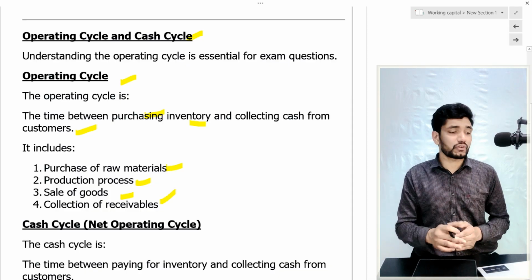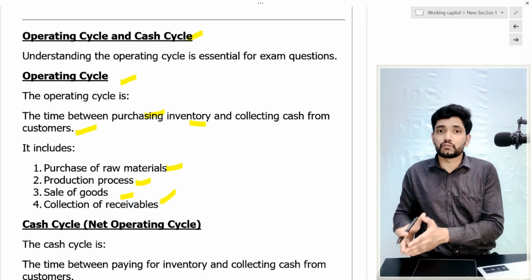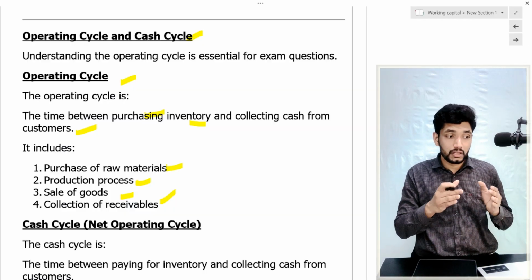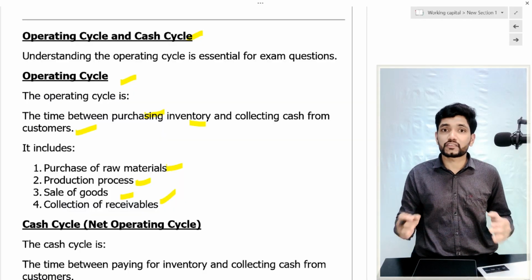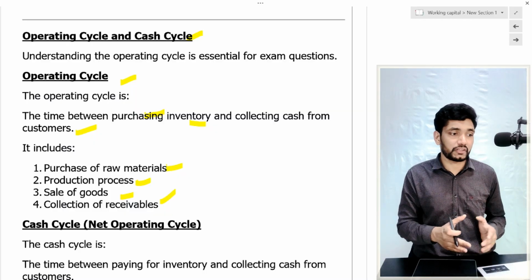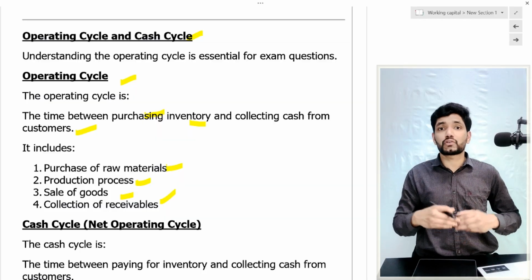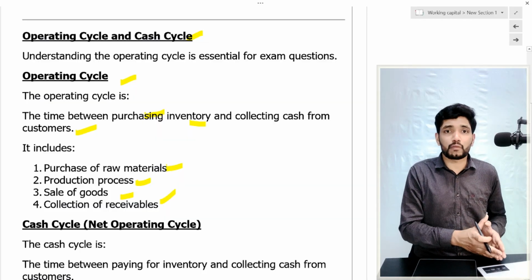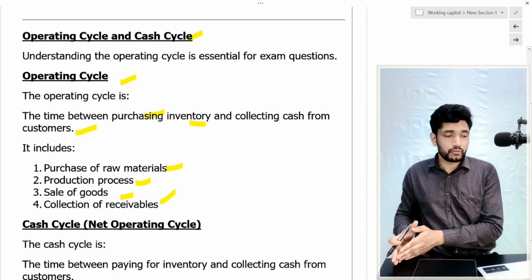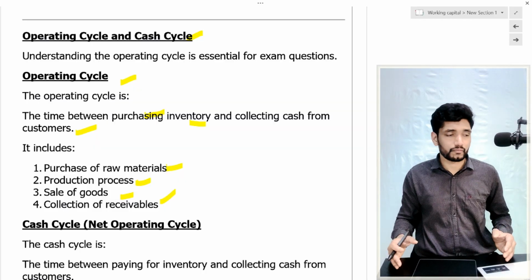So it is the time taken from the purchase of material to the collection of receivables, which includes the production process, sales of goods and any other process that can be considered in this operating cycle. So finally, the operating cycle is the time taken from the purchase of raw material to the collection of receivables by using that raw material.